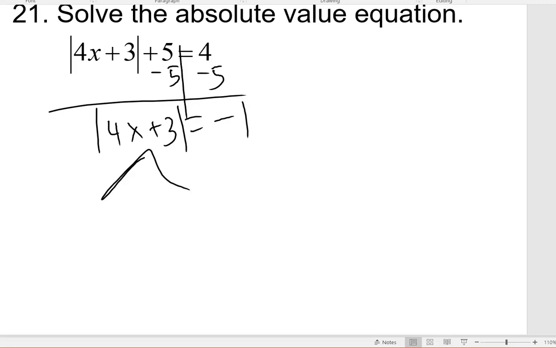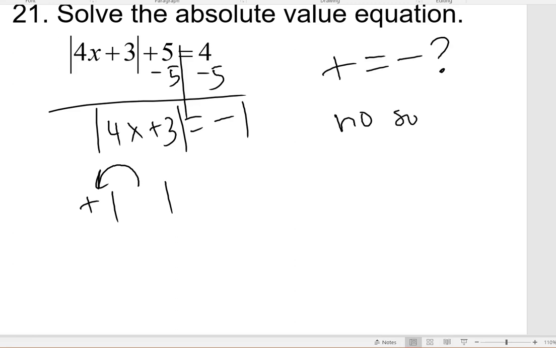Now I could split it, but I'm going to catch from before that whatever comes out of this absolute value is going to be positive. When will a positive equal a negative? This has no solution.